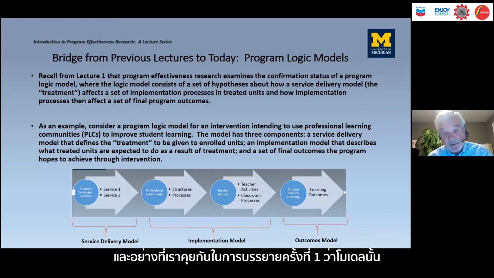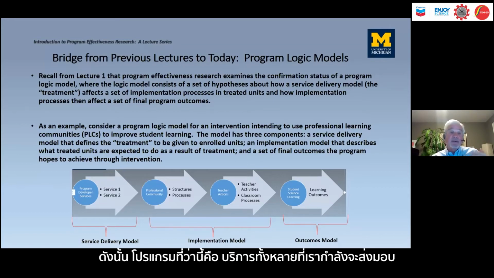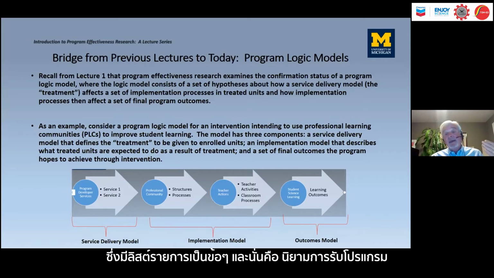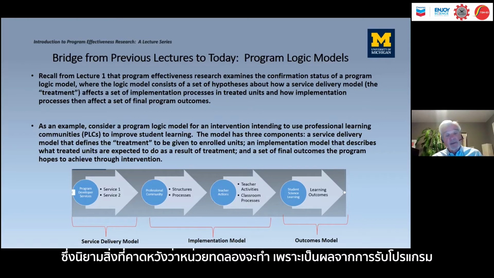And as we discussed in lecture 1, that model would have 3 components: a service delivery model that defines the treatment that is going to be given to enrolled units. And so the program says, here are the services we are going to deliver. It lists them, and that defines the treatment. The program then has what I have been calling an implementation model that defines what it is that units are expected to do as a result of treatment.